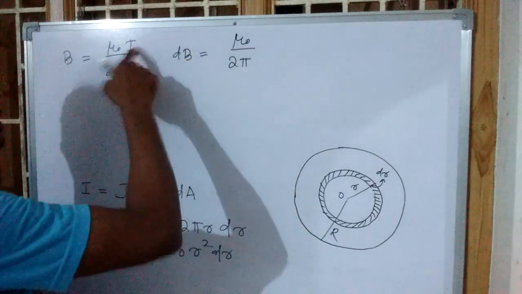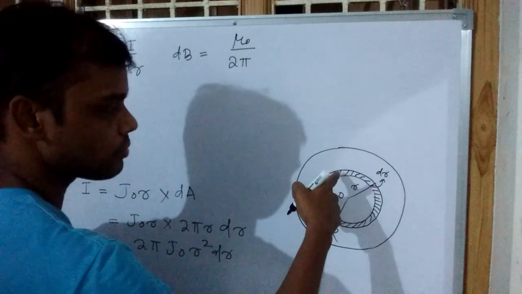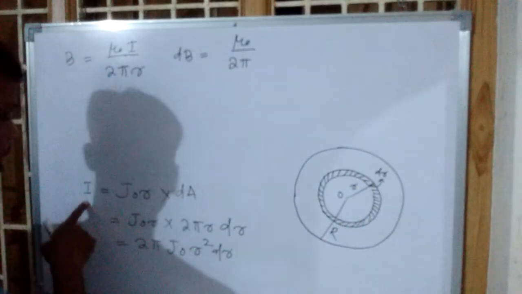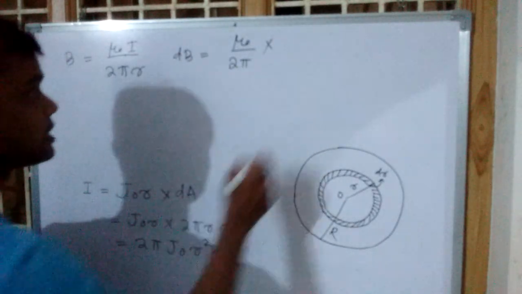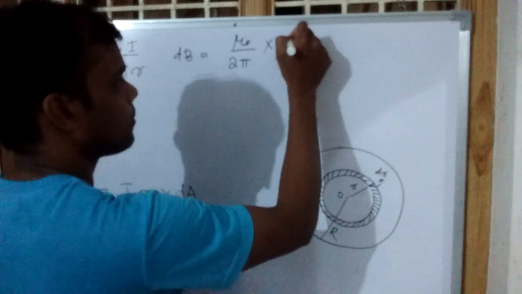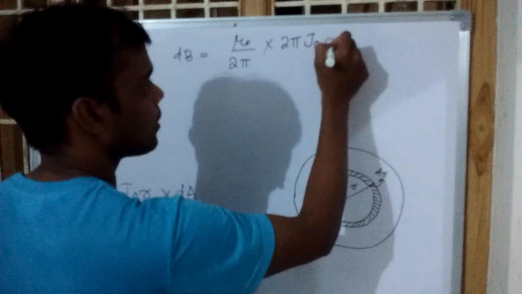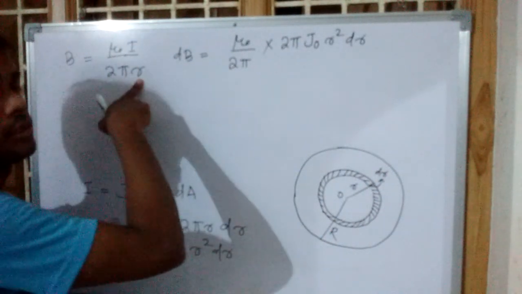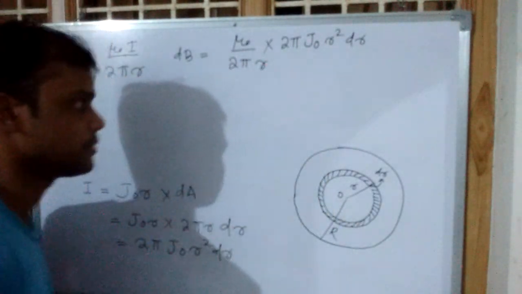Now I is the current carried by the conductor, but here our conductor is only this ring structure. What is the current here? I is this much, 2 pi J naught R square dr, and in the denominator another r is there also.